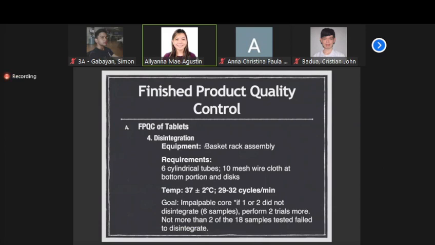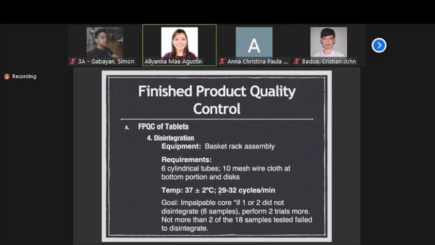So equipment, we have your basket rack assembly, which is composed of 6 cylindrical tubes with 10 mesh wire cloth at the bottom. So, one thing to note is the temperature used in disintegration. We use close to the body temperature, 37 degrees plus minus 2.